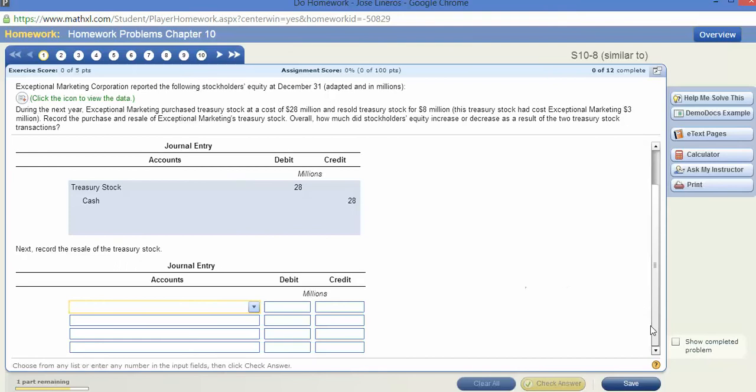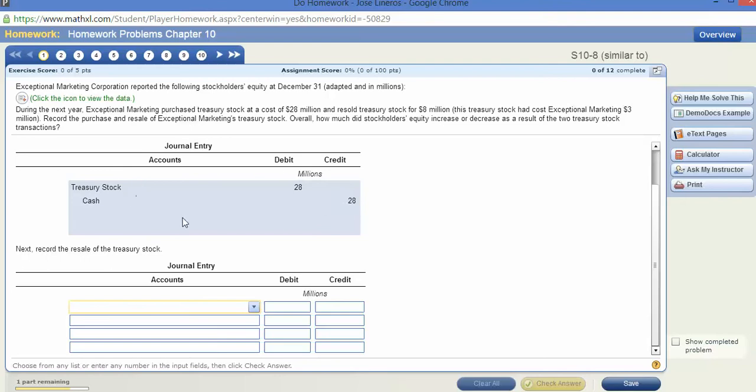Now let's look at the slightly more complex one, where now you're reselling. Okay, so you retired common stock, and you purchased it at 28 million. So this means that you've got treasury stock of 28 million. Notice that no common stock account is hit, even though you're buying common stock and taking it off the market.